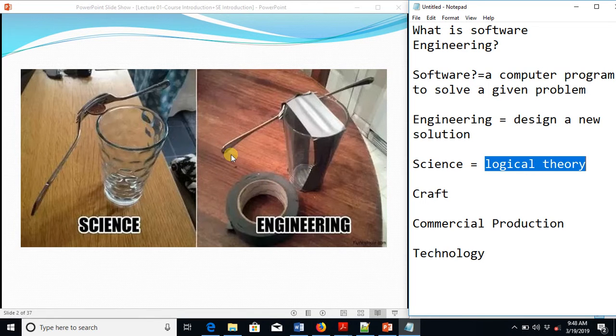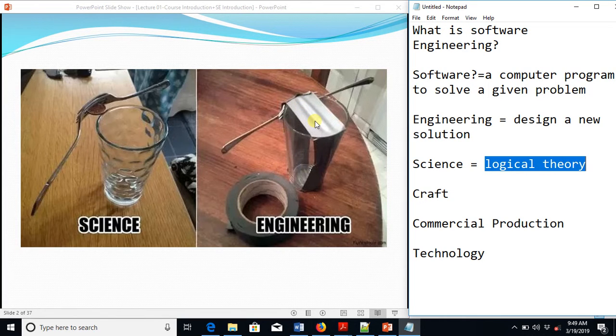This is science: there is a scientist who is trying to balance this object on this glass, so he is finding some balance point. But this is engineering: there was an engineer sitting around who was trying to connect this object with the glass, and he came up with a simple solution.